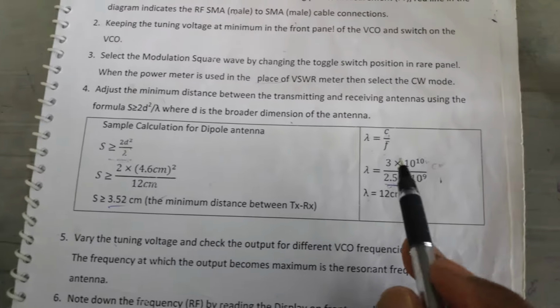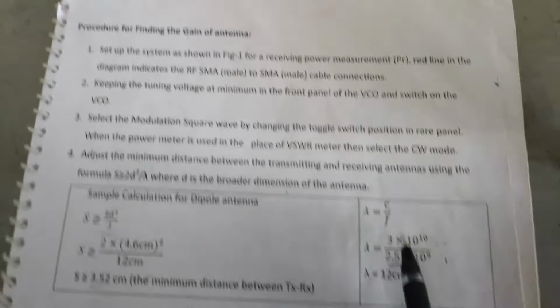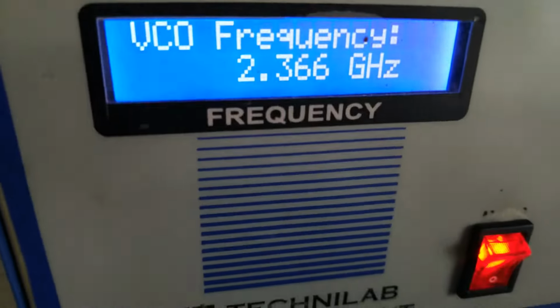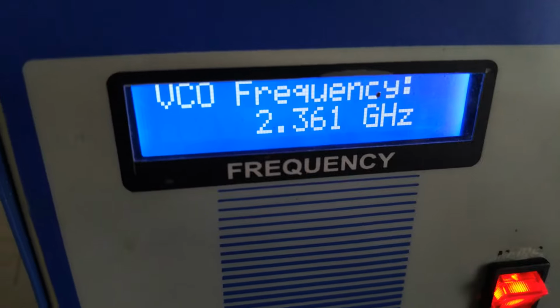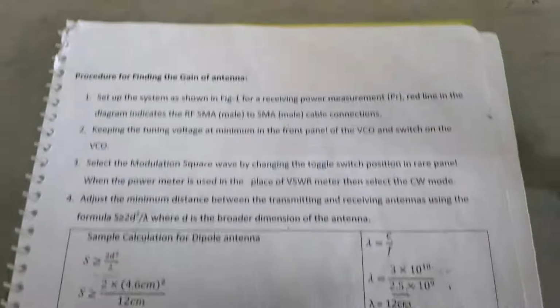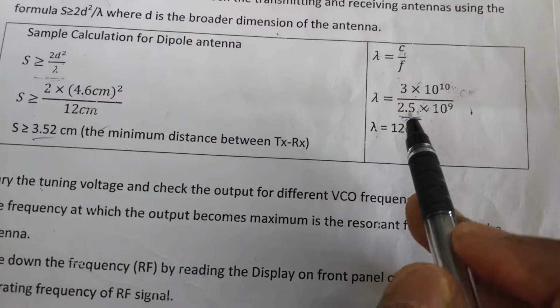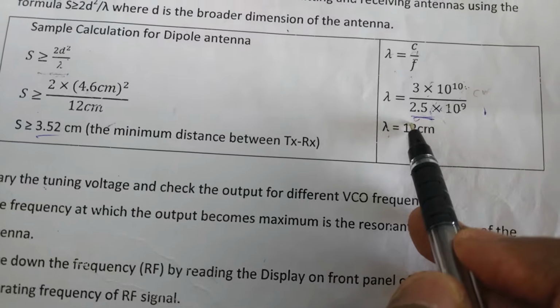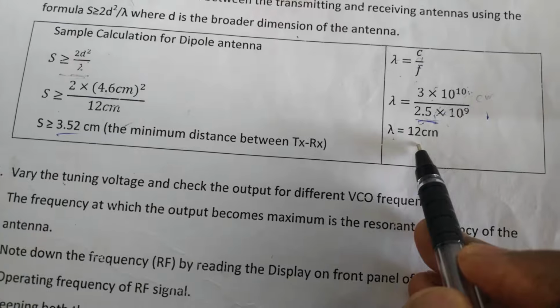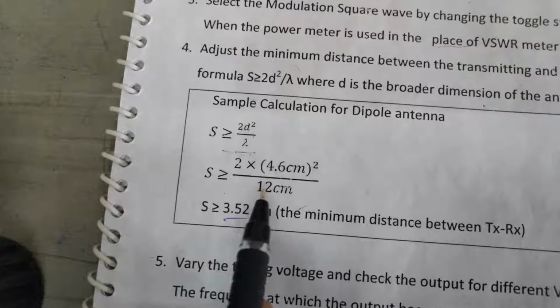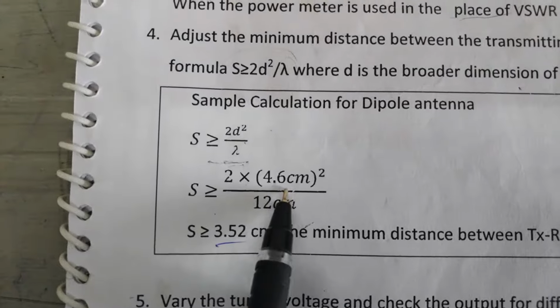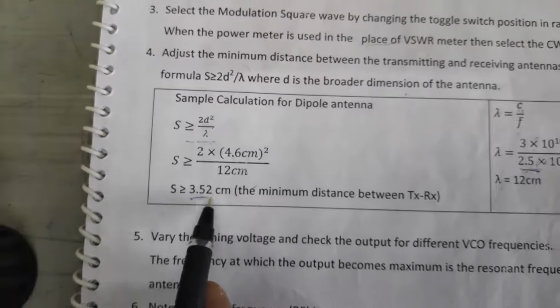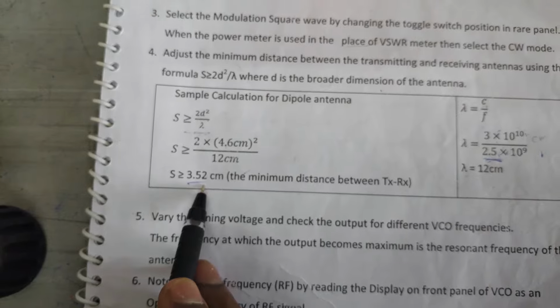To calculate lambda we use the formula C by F. C represents the speed of light, and F represents the frequency that we are tuning to. This is a general calculation done for 2.5 gigahertz, wherein we have got 12 centimeters. By using that 12 centimeters and D, which is fixed for the antenna, we have got S greater than 3.52 centimeters.